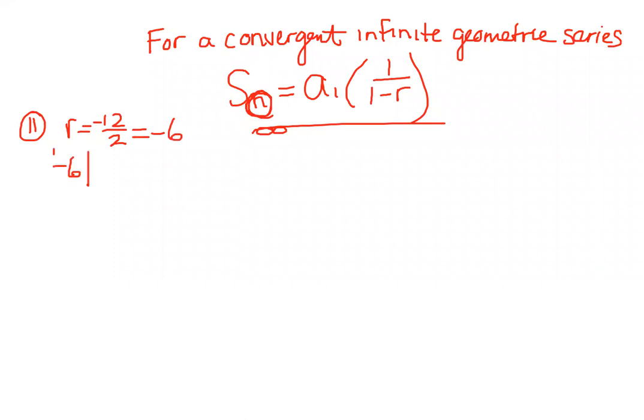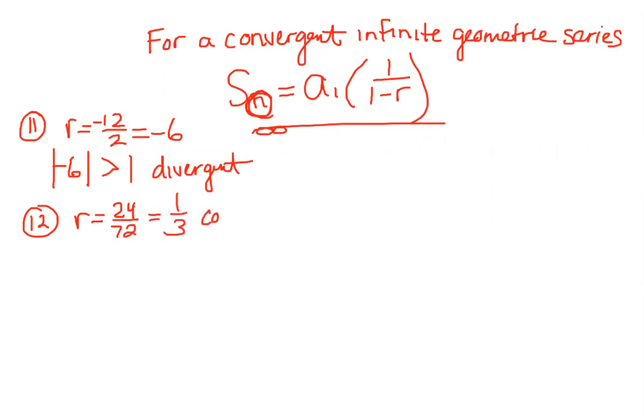The absolute value of -6 is greater than 1, so it is divergent. And we're done. Number 12, r equals 24 over 72, which is 1/3. So it's convergent, and we have to find the sum.